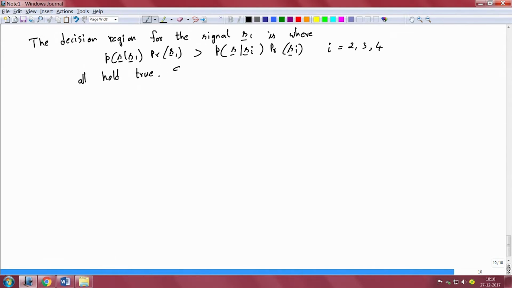Similarly, we can extend this definition to the other signals S2, S3 and S4. Now, based on this inequality that we have, we can define a decision boundary between two signals.